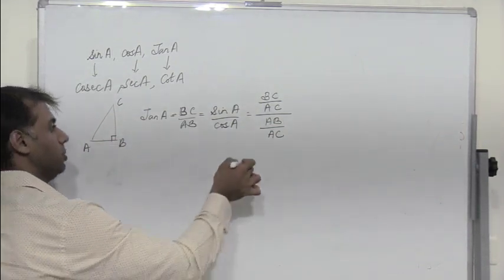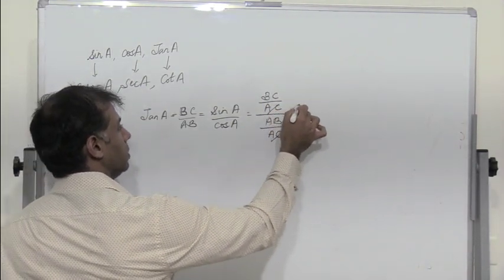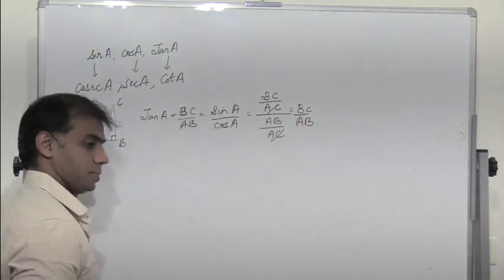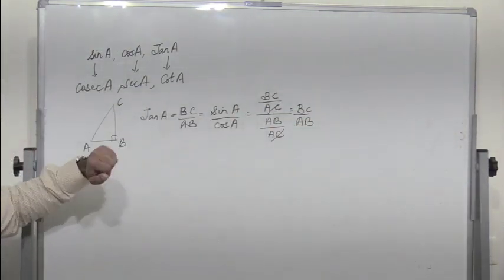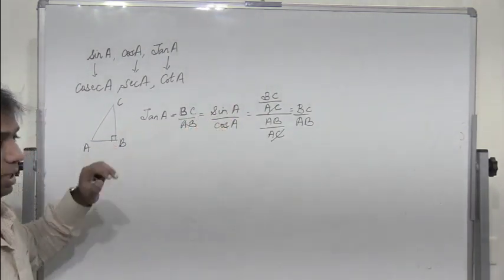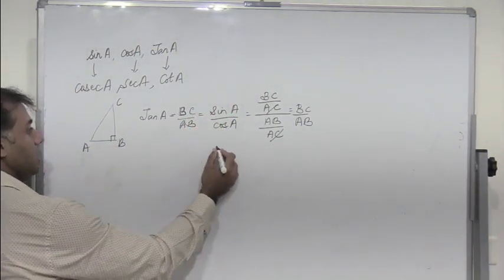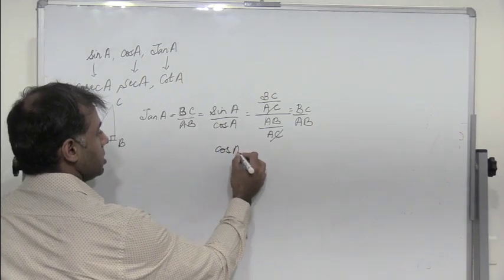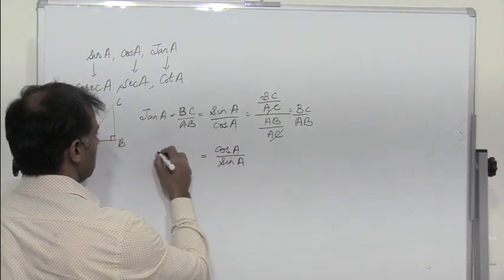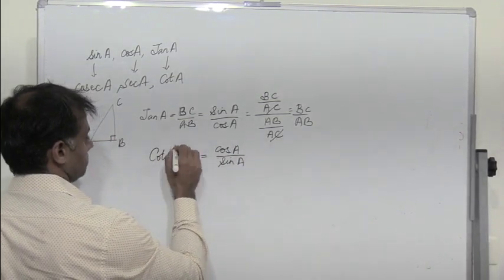Right? So these two can be cancelled, and I get BC by AB. This is very important. So sin by cos is tan A. Similarly, cos A by sin A is definitely cot A.